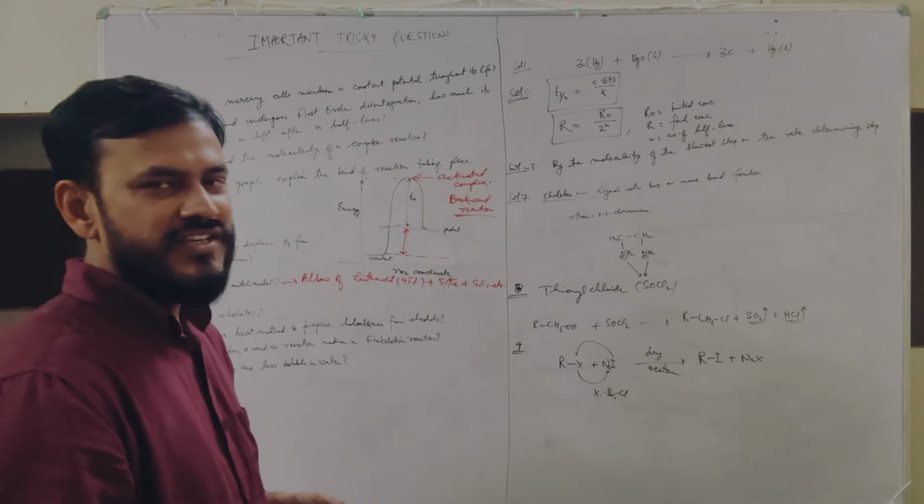The first question says why mercury cells maintain a constant potential throughout their life. The answer is since there are no ions involved in the mercury cell's final reaction equation, there is no chance of the concentration of ions getting reduced over time.